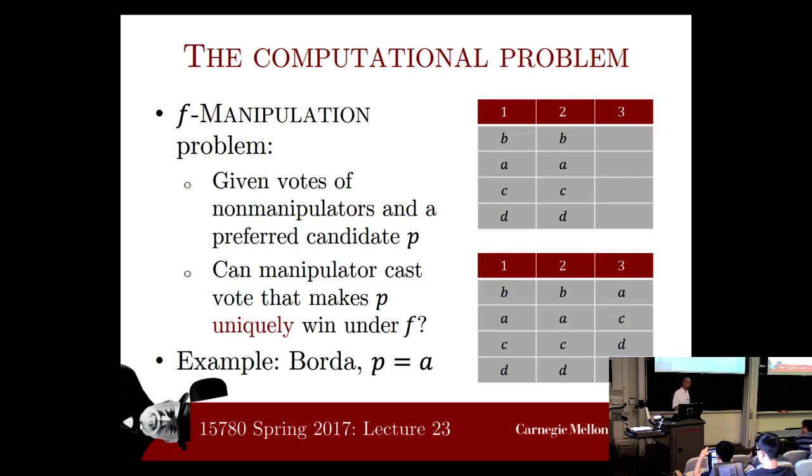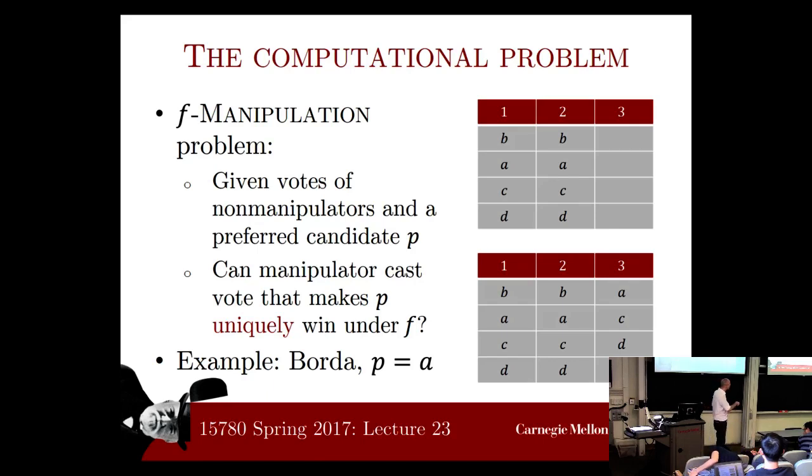The manipulator, like in the game theoretic setup, it's a worst case setting, so he knows exactly how the other voters are voting, the non-manipulators. And the manipulator also has a preferred candidate P. And the question is, can the manipulator cast his vote in a way that makes P win the election?